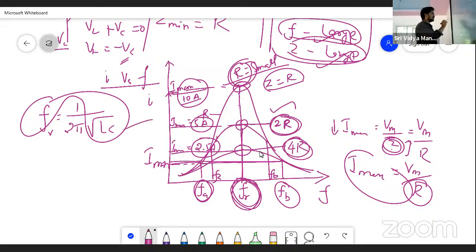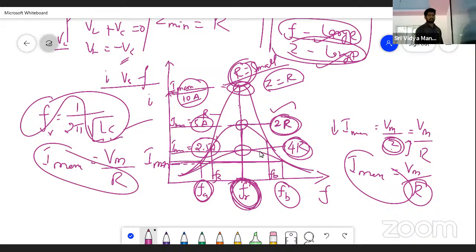Fr is equal to 1 divided by 2 pi square root of LC. The resonance frequency depends on L and C, and is independent of R value. Resonance frequency is independent of resistance. But the maximum current, I maximum, is equal to Vm divided by R. The maximum current depends on resistance.